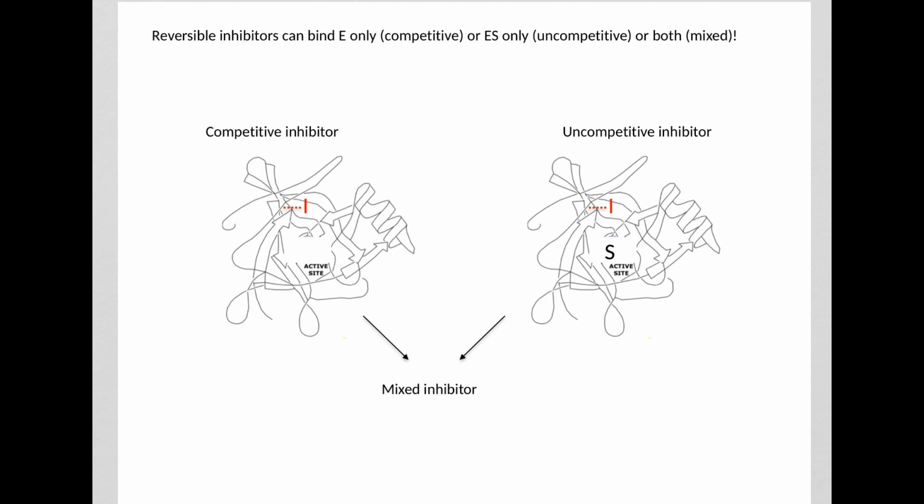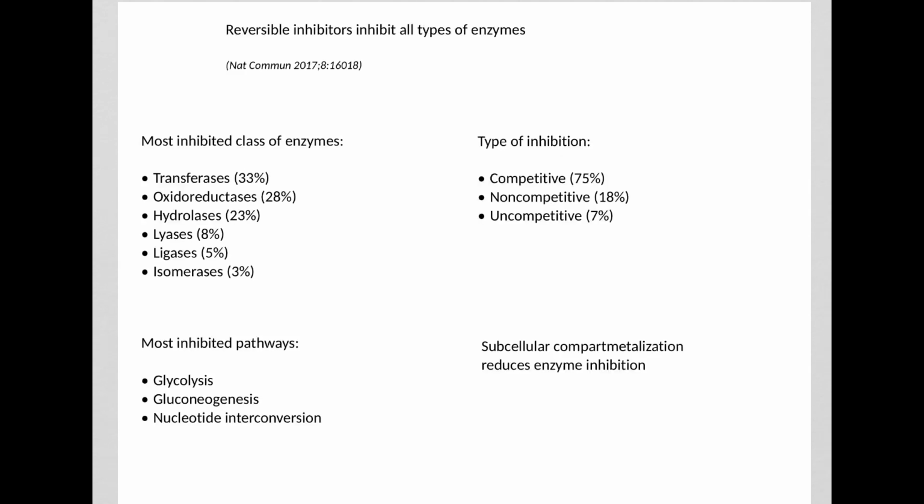So remember, reversible inhibitors are very important for the human body because this is how we can regulate many of our enzymes. That's reversible inhibition. And by regulating the enzymes, we can regulate the reactions that are happening in physiology.